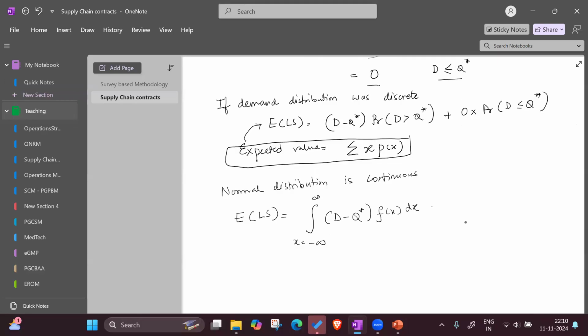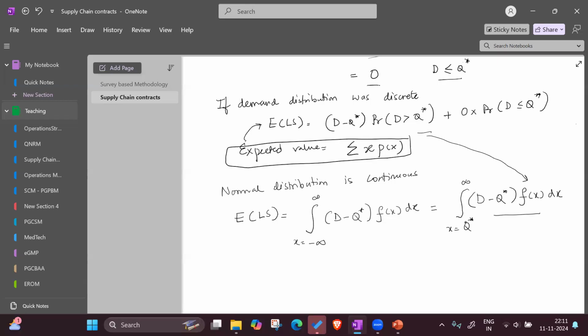That means this gets converted into x equal to q star to infinity, d minus q star into f of x dx. Now, if you compare this with this, you can see that d minus q star is the same over here. And this probability of demand greater than q star is what f of x dx is basically representing. That's all that you need to understand.